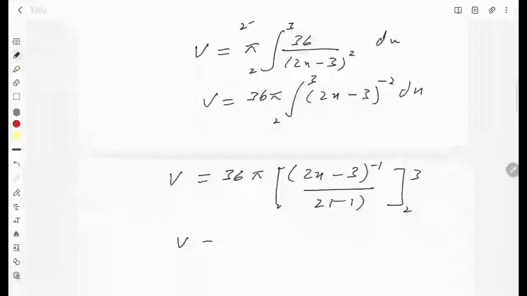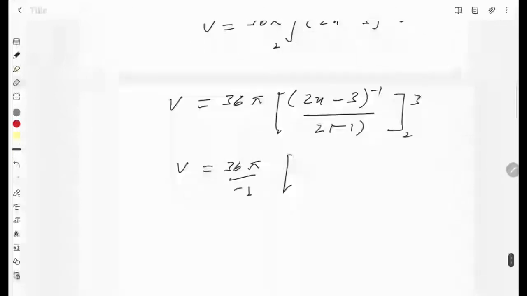So this will be, you can take this minus 2 out like this, and you are left with 2x minus 3.